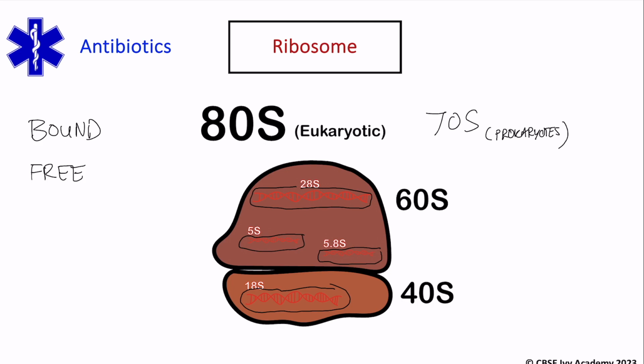But before I do that, I wanted to point out here in the top left, next to this blue symbol, I've written antibiotics. Whenever we're covering a topic in CBSE biology that I think has a connection to medicine that's important, I'll try to point it out.